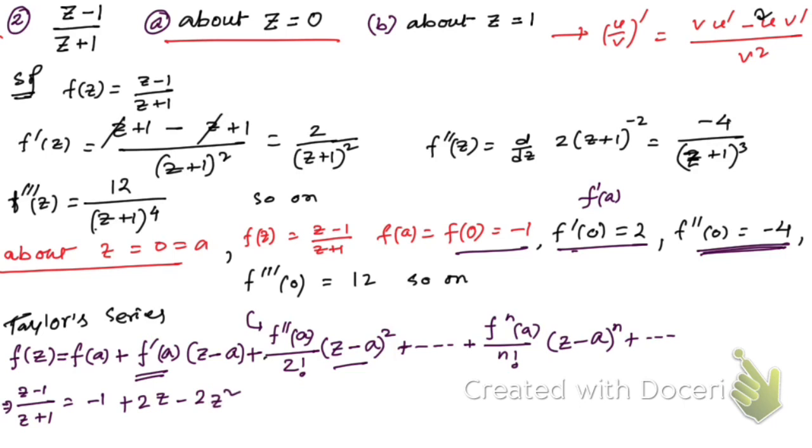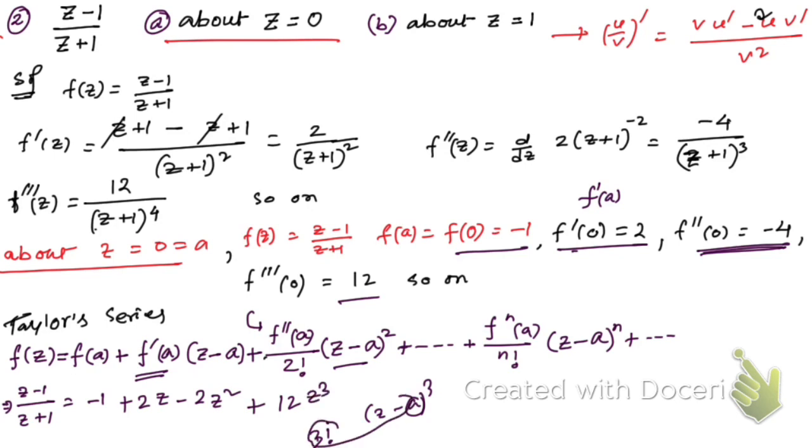Similarly, after this term we're going to have the third order derivative of f at a divided by factorial 3 into z minus a whole cube. Here the third order derivative of f at a equal to 0 is going to be 12, and z minus 0 whole cube is z cube, divided by factorial 3.